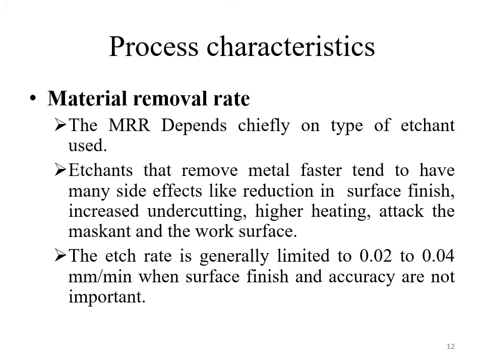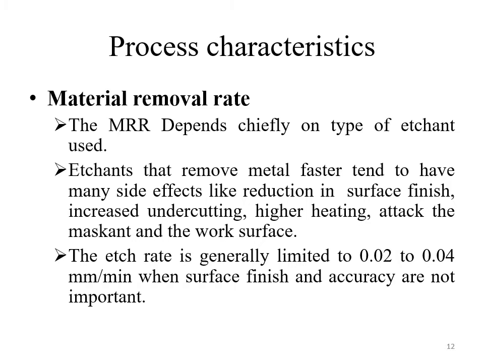The MRR depends chiefly on the type of etchant being used. Generally, etchants that remove metals faster tend to have many side effects, like reduction in surface finish and increased undercutting. The undercutting will be higher when the etchants etch the workpiece at a very rapid rate.